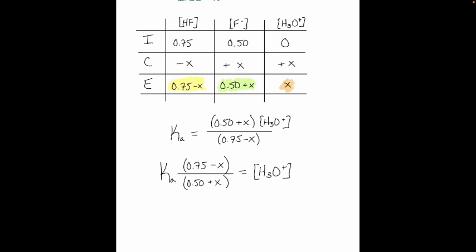Now I'm adding to both sides of this reaction, both reactant and product, so there's very little reaction that's going to happen here. So bottom line is we get to make that same assumption that X is super small, which means that 0.75 minus X is basically just 0.75, and 0.5 plus X is basically just 0.5.